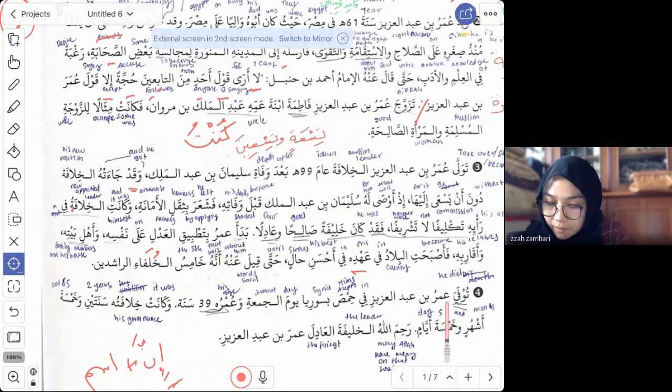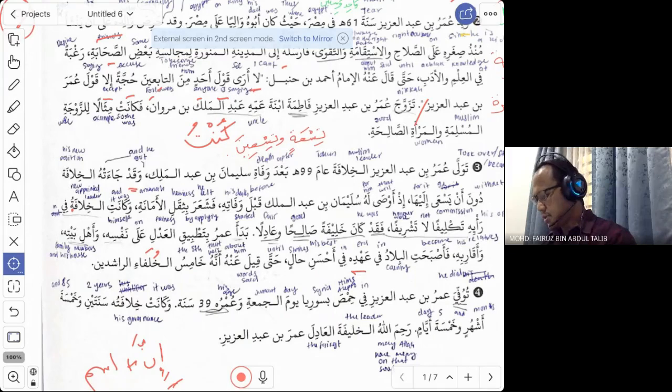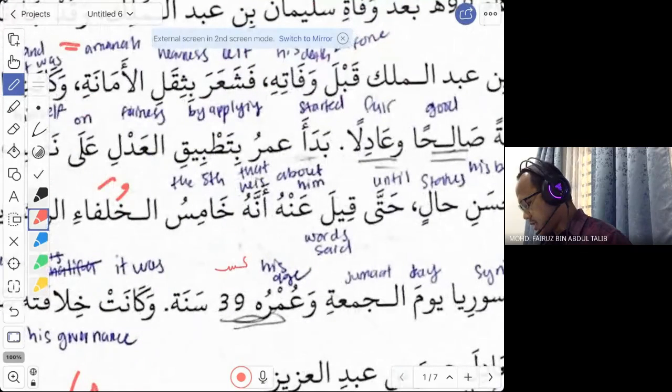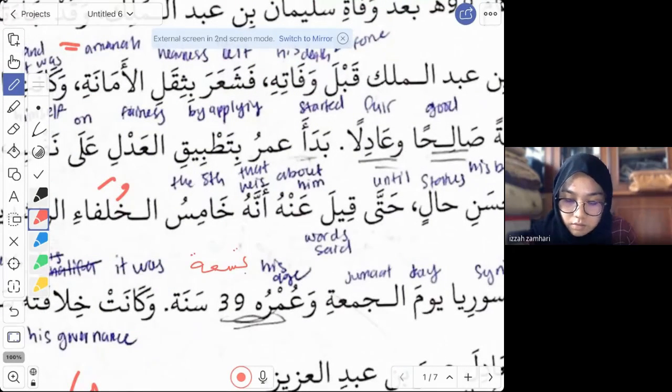Tuwufiya Umar bin Abdul Aziz fi Himsa bi Surya yawma al-Juma'ah wa umruhu tis'atun wa salasuna sanata.